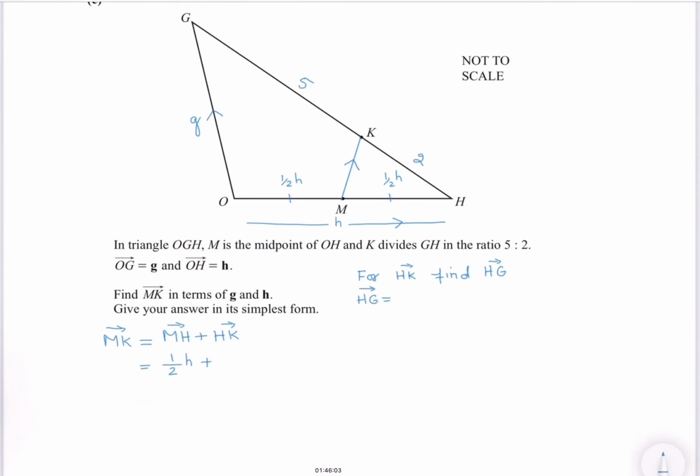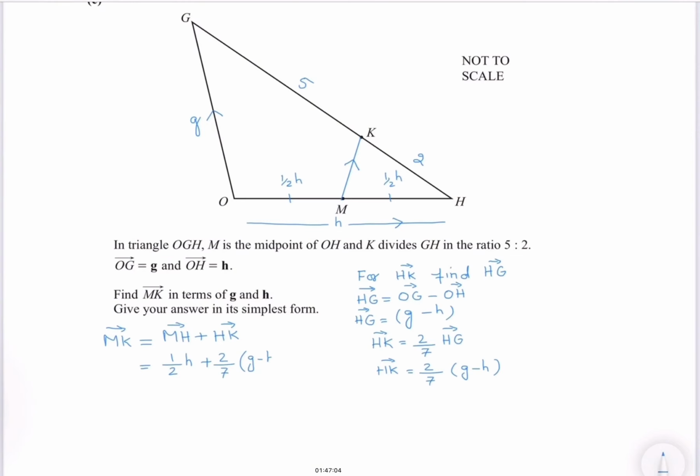HG. So HG is OG minus OH because H is connected with O and G is also connected with O. So I can treat it like a position vector, OG minus OH. OG is your G and OH is your H. So HG is equal to G minus H. Now HK is equal to 2 over 7 of HG, so 2 over 7 of (G minus H).